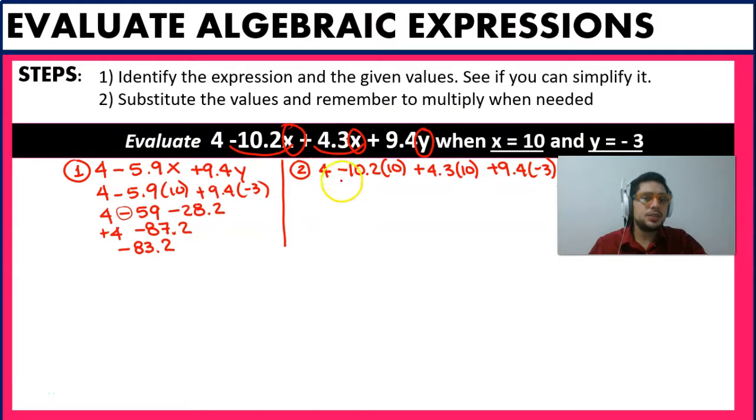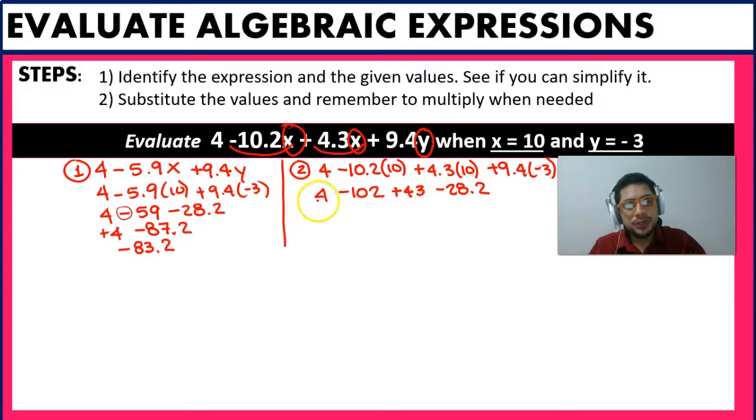In this case, we just multiply right away. So 4, and then we have 10.2 times 10, which is minus 102. 4.3 times 10 is plus 43. And then we have plus 9.4 times minus 3, which we already saw is minus 28.2.